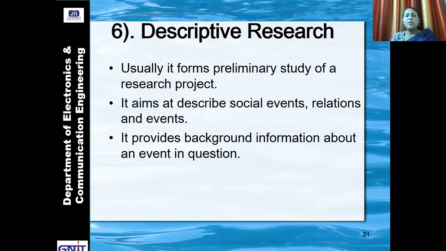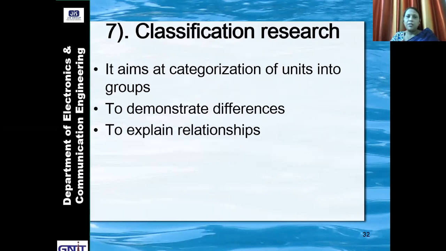So say something is happening nowadays. Now you have to describe why these things are happening, what the socio-economic background is, what the environmental effects are, what the political background is. You have to make a note or make a report of all these things. That is descriptive research.